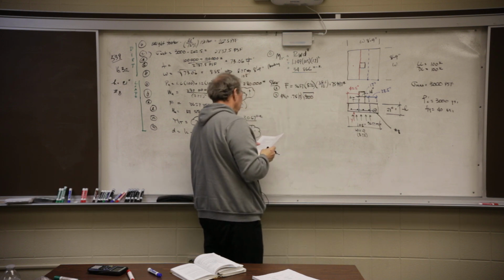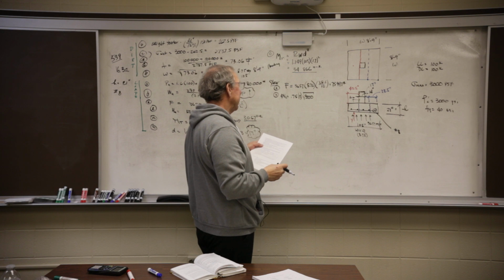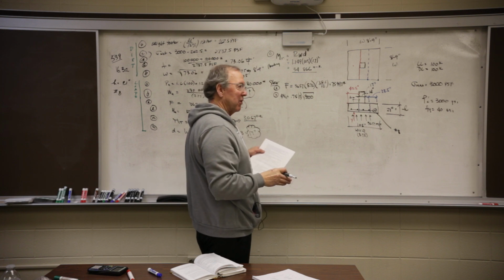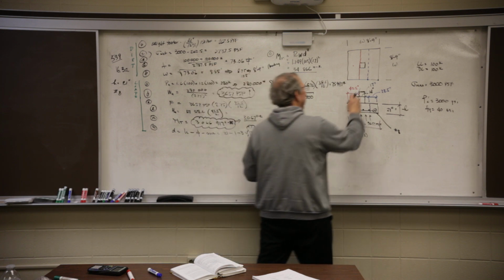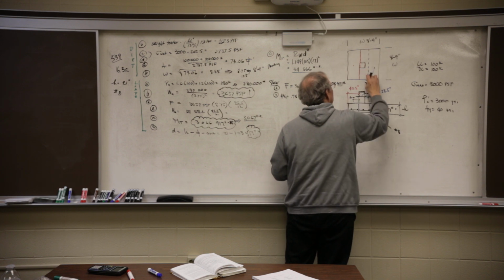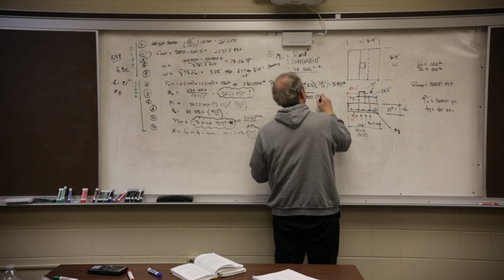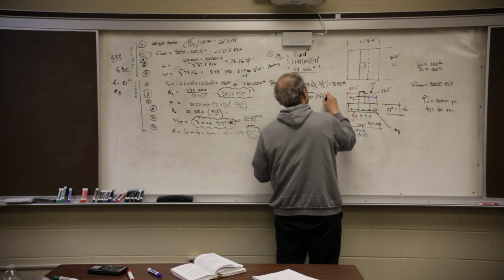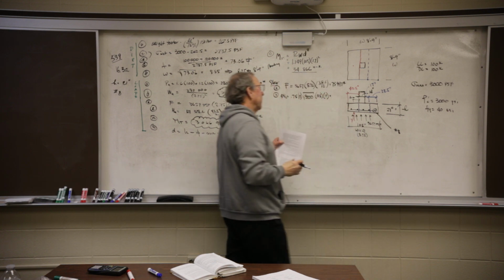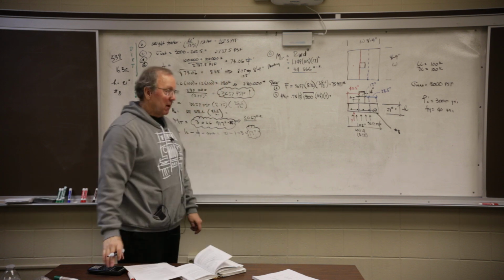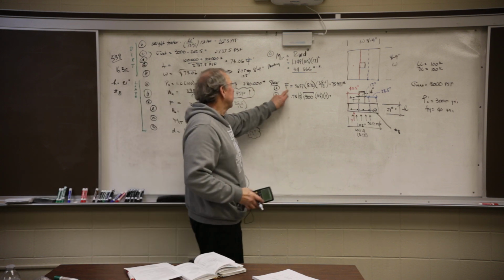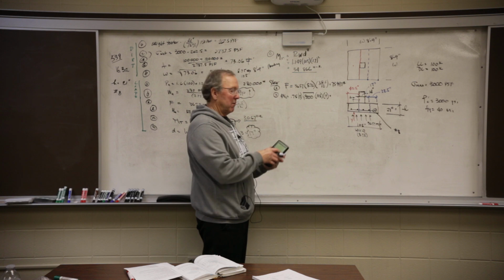Cross-sectional properties. B, D. B is W. So it's a plane we're going to break. W, D deep. So W is 105, D is 17. And when we get done with this, hopefully this number is bigger than this. This is actual. This is allowable.